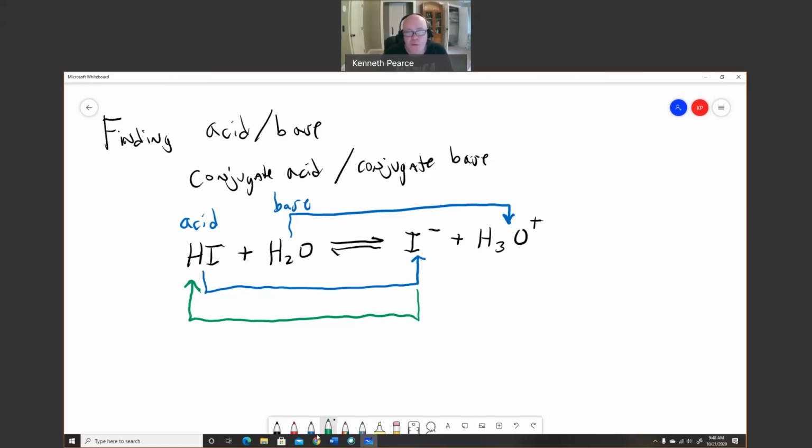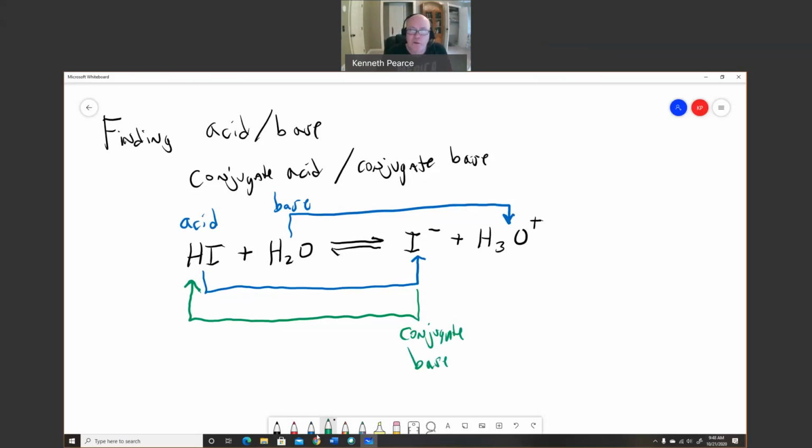So what are we going to call it? Well, going back in the other direction, we're going to call this the conjugate base. And the conjugate acid and base is always on the right-hand side, as you look at it going from right to left instead of left to right. And so the I minus, the iodide, going to HI has accepted an H, and that makes it a base.